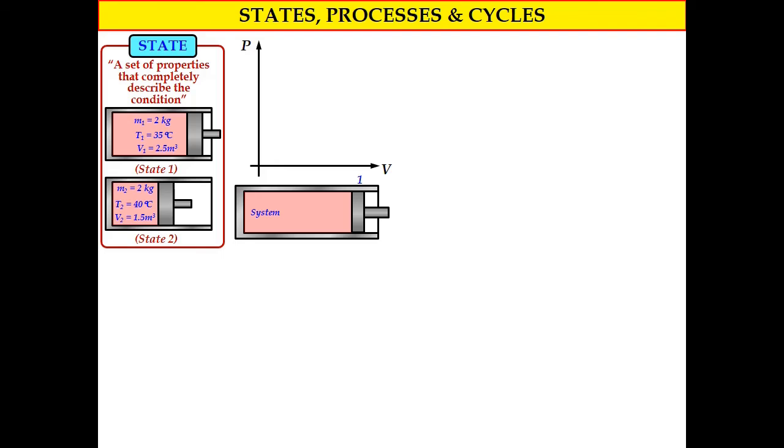The position of the piston at the initial state we consider as state number 1. We put a point that represents state number 1, which we can also refer to as the initial state.